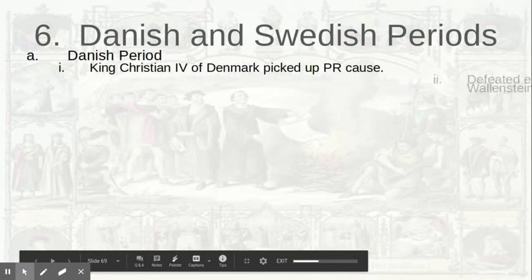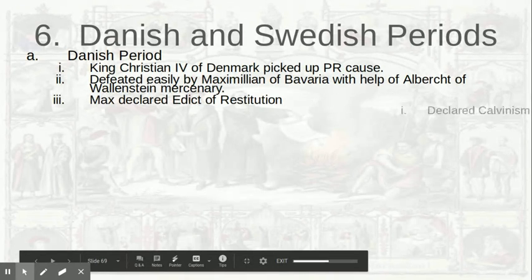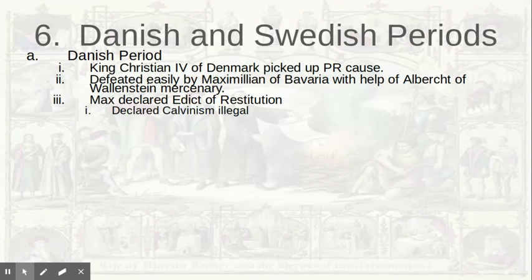And Maximilian doesn't waste any time. He wants to symbolize his early defeat of the Protestant forces by declaring an edict of restitution to make it seem like the Catholic victory is official and that they're here to stay.